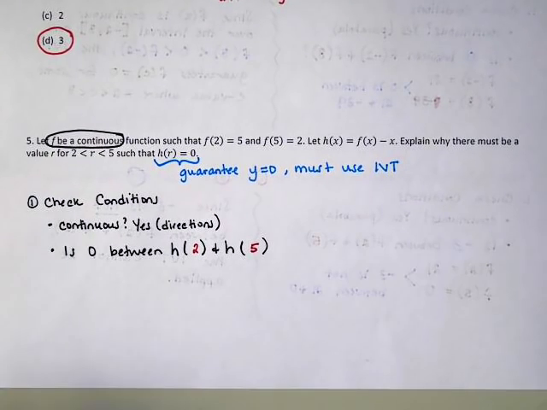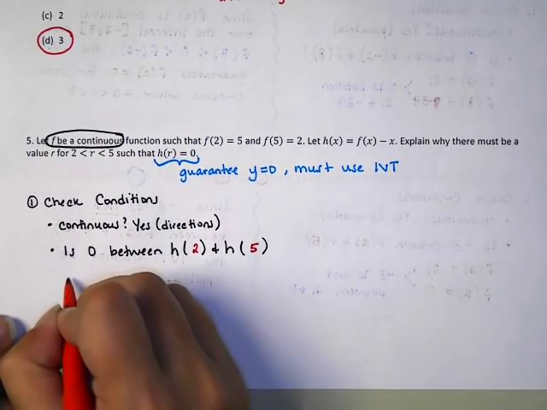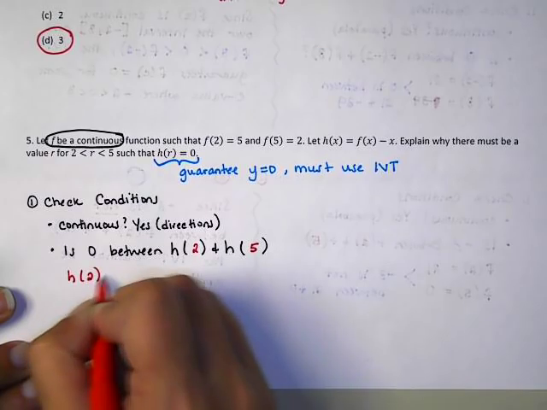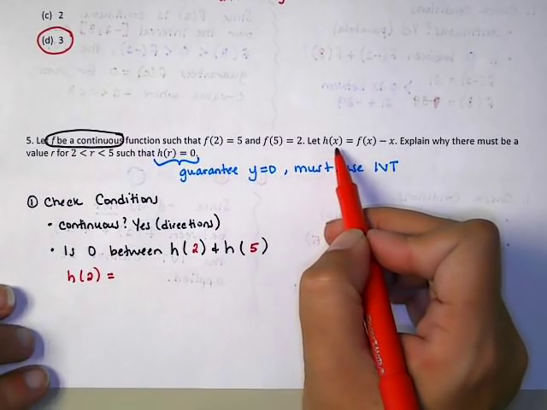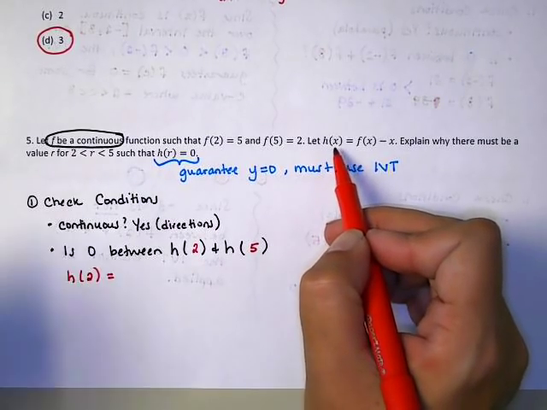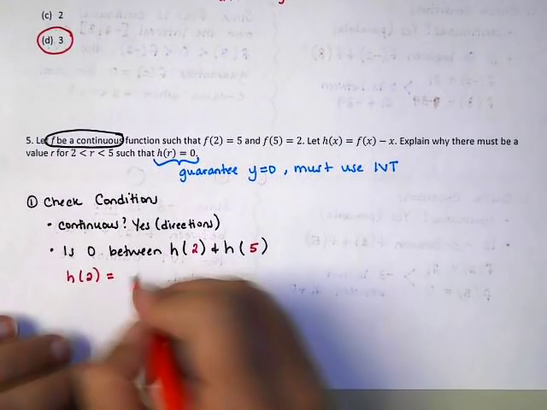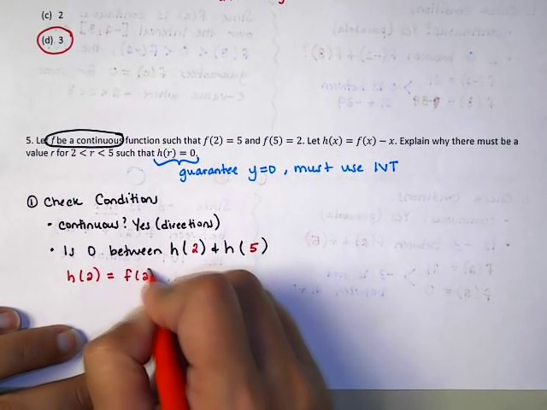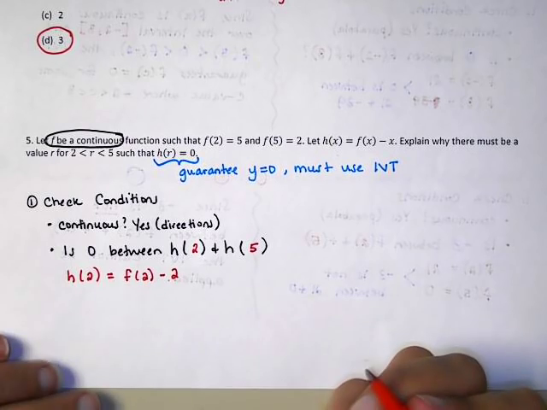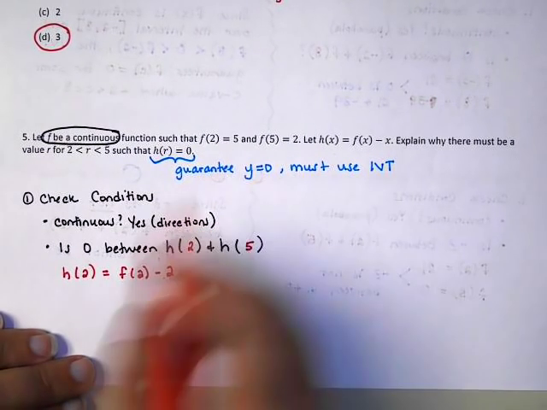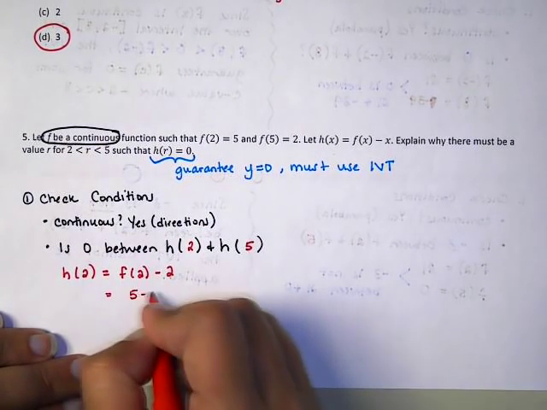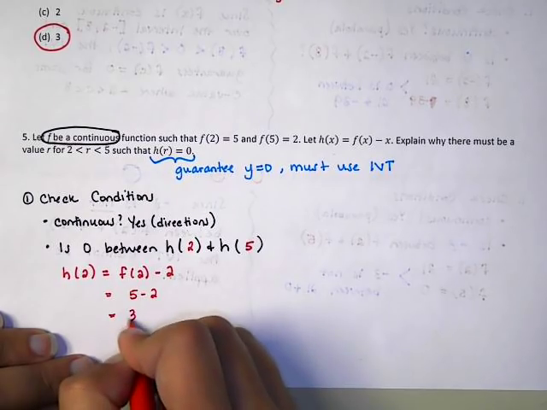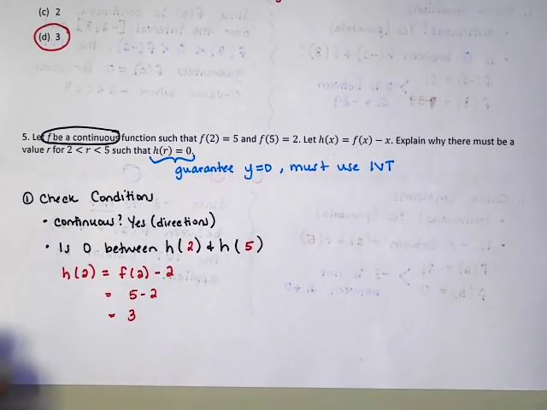Well, that's the question we need to figure out. So first, let's find h of 2. Now to find h of 2, I'm going to plug in 2 for all of the x's in this equation. So I'm going to have f of 2 minus 2. F of 2, it says here, is 5. So 5 minus 2 gives me that h of 2 is 3.